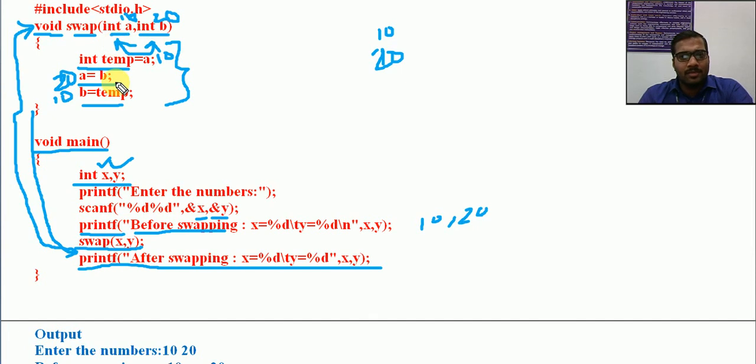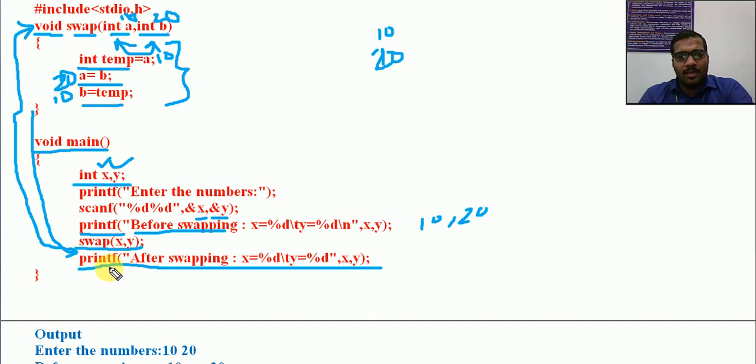That is very clear. Okay. Now swapping is actually being done, but it is being done between these two formal parameters. Swapping is done locally within the function swap between the two variables a and b. Control will come back to main.